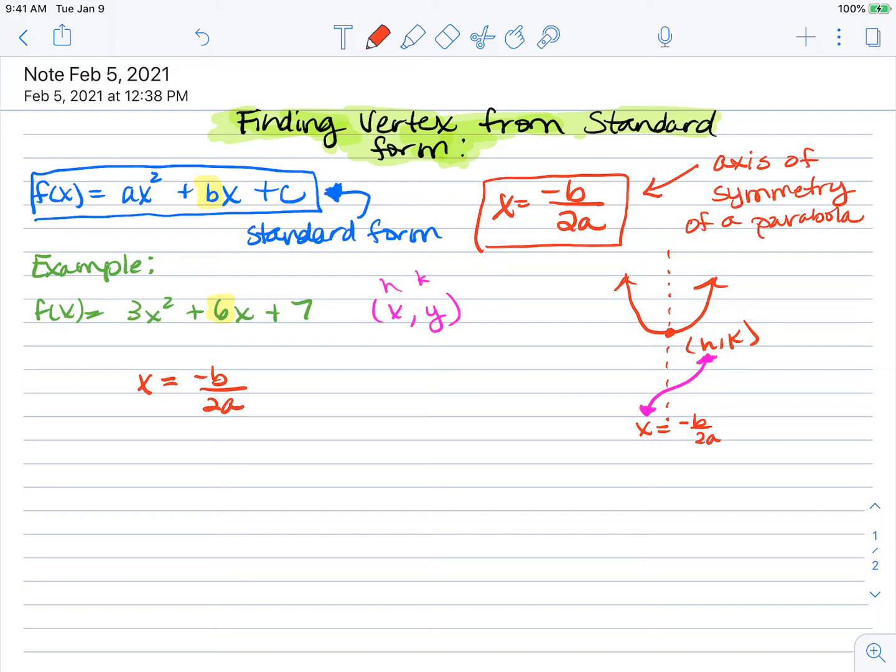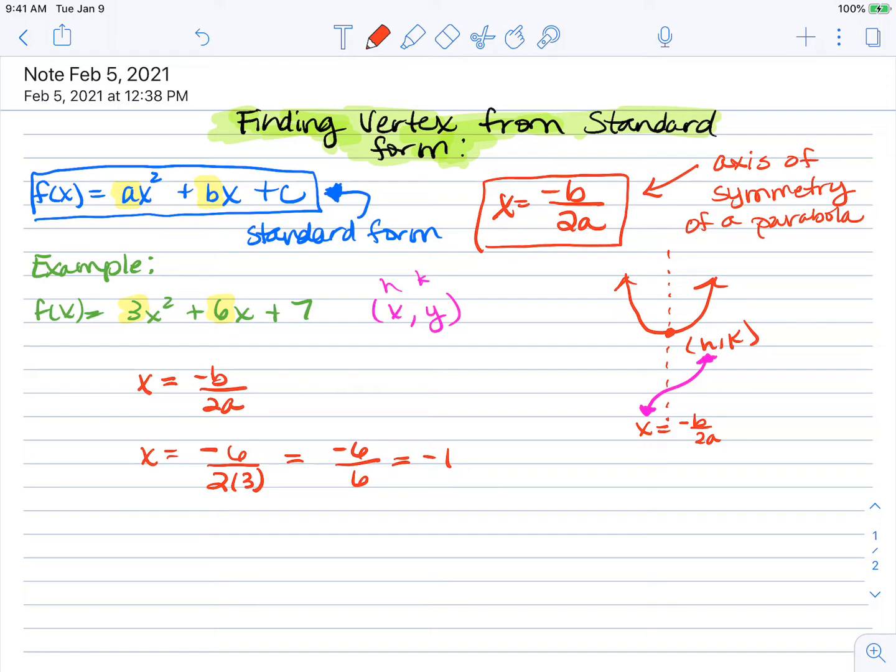So x equals negative 6, and then over 2. And my a is the coefficient of the x squared term, so my a is going to be 3. I'll do the math: on top I still have a 6, and 2 times 3 is 6, and this gives me negative 1.